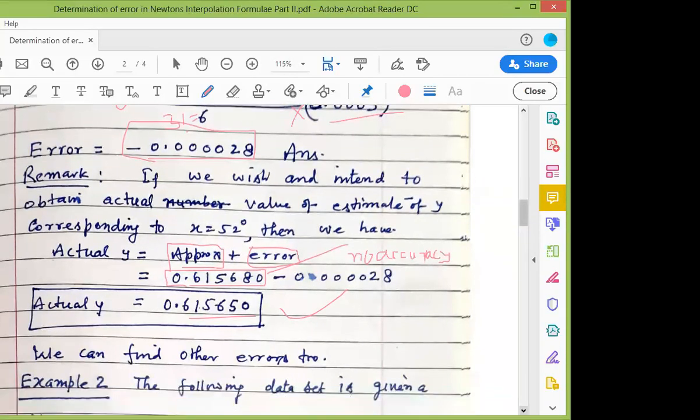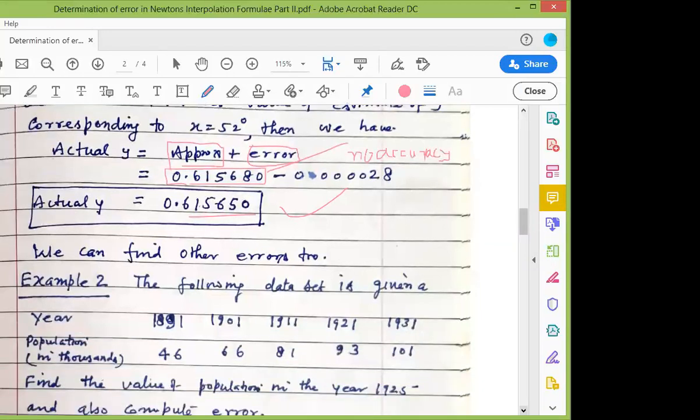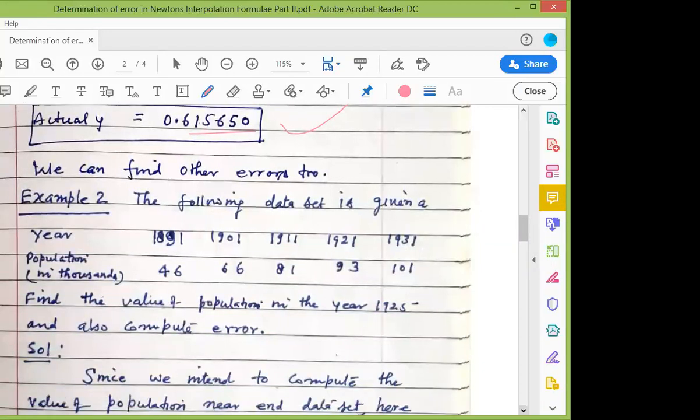Now we have another example. That example was the forward difference, Newton's forward interpolation formula. Now we come to the second.